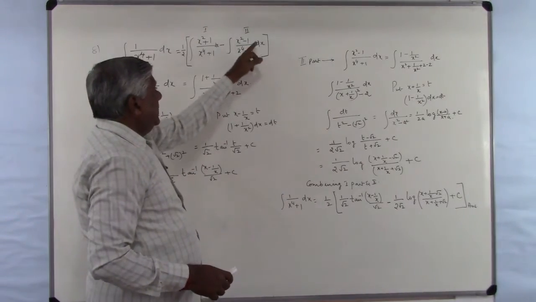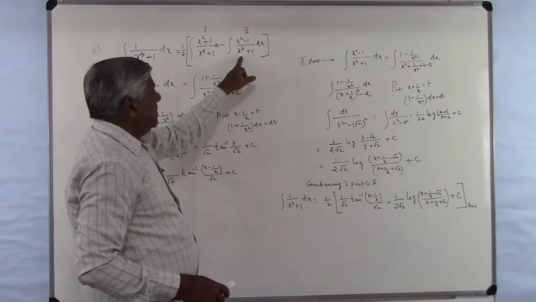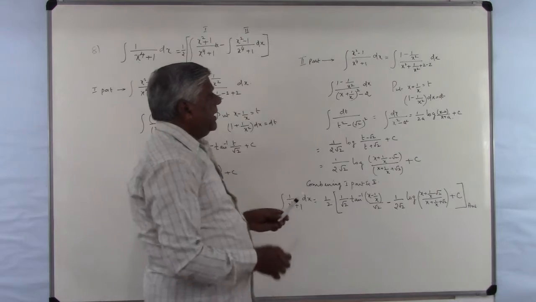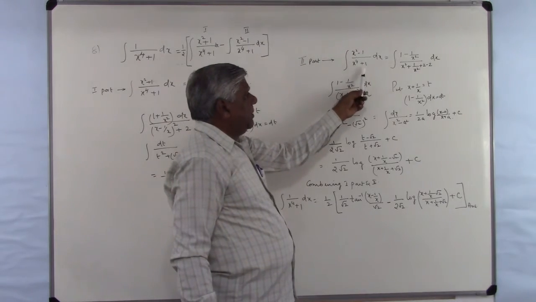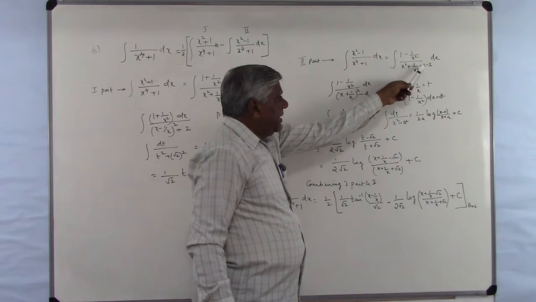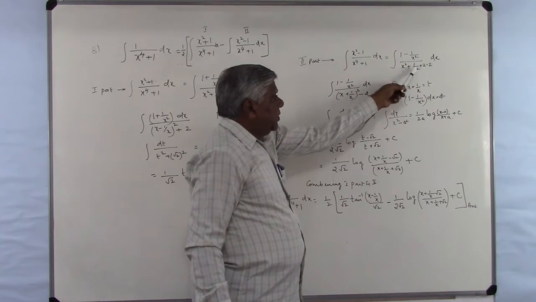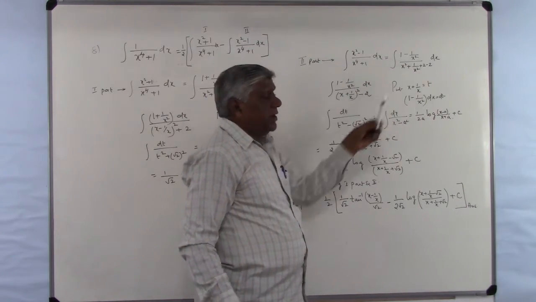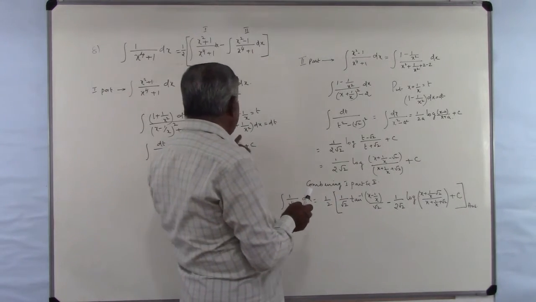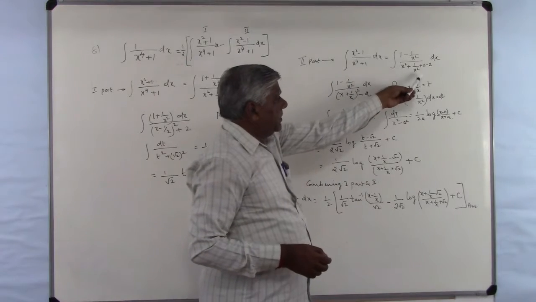Second part is integral x square minus 1 divided by x to the power of 4 plus 1. Now here also the same thing. Divide numerator and denominator by x square. We get 1 minus 1 by x square divided by x square plus 1 over x square plus 2 minus 2. I have made this adjustment here. In the previous one it was minus 2 plus 2; here it is plus 2 and minus 2.